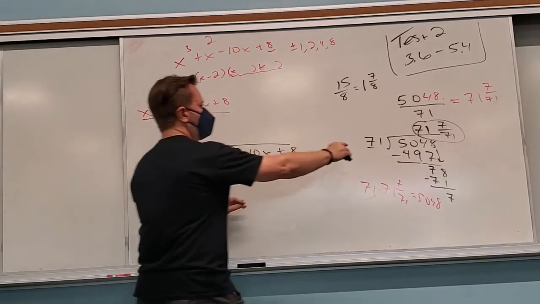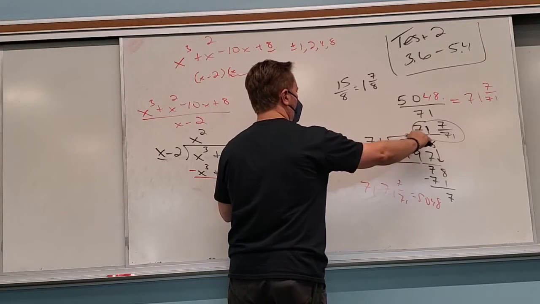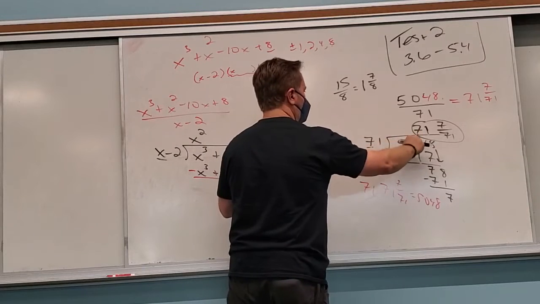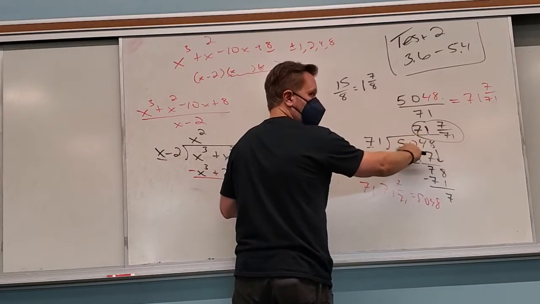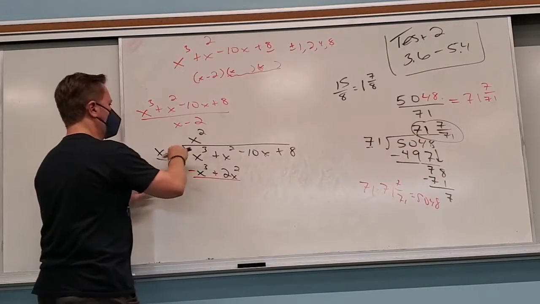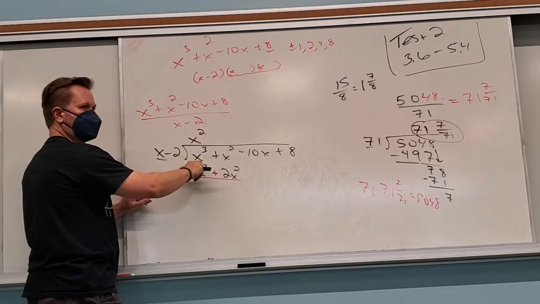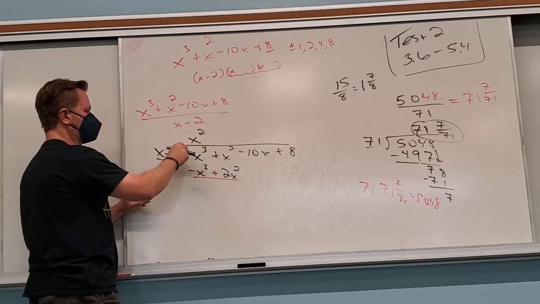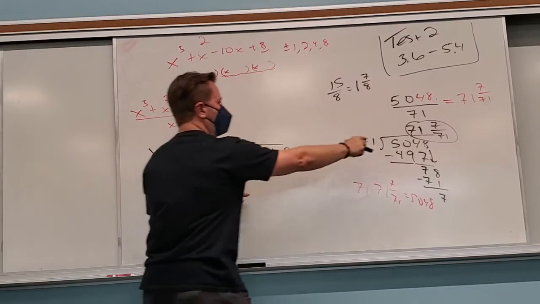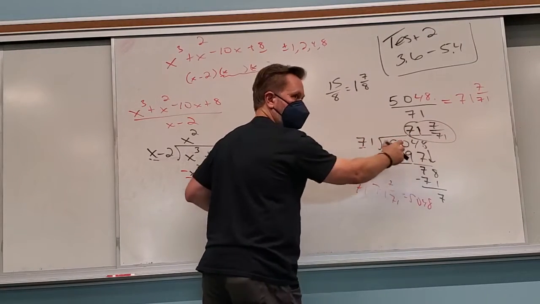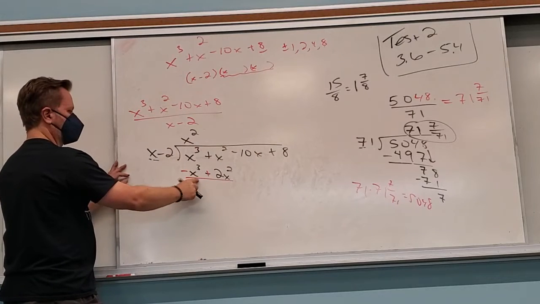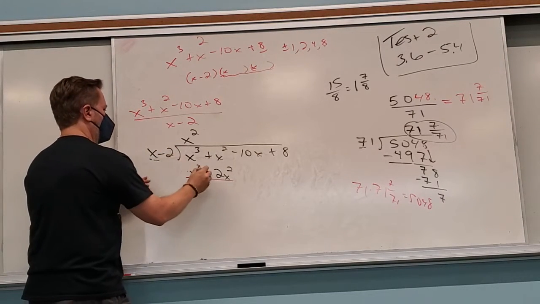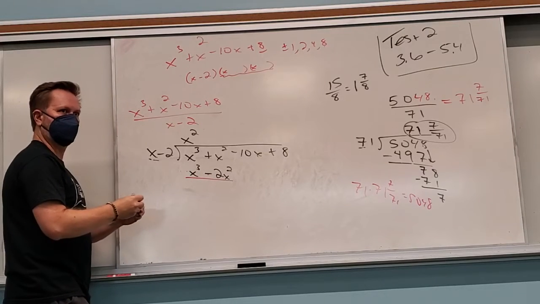So everything we just did, how did I do? 7 goes into 50 about 7 times. X times what is x cubed? X times x squared is x cubed. Then I multiply this times this, because here I multiply 7 times 71. X squared times x is x cubed. X squared times negative 2 is negative 2x squared, right?